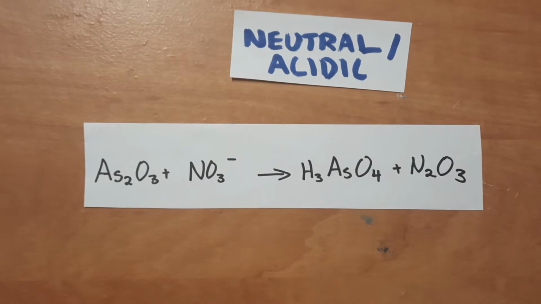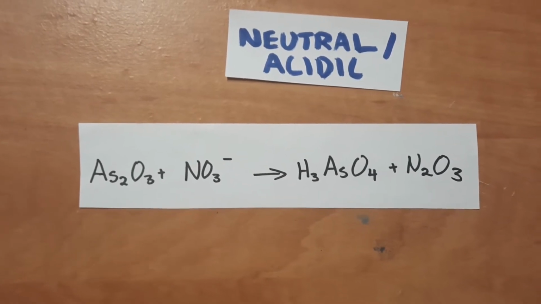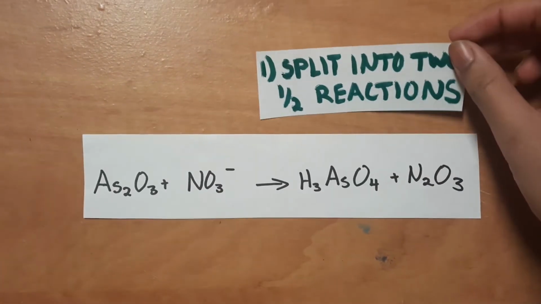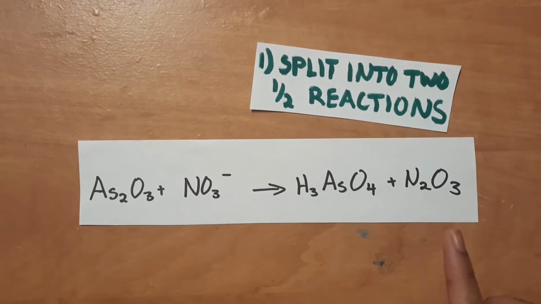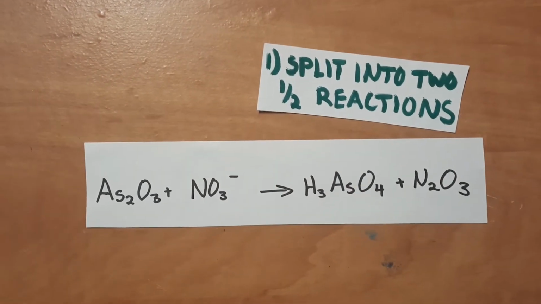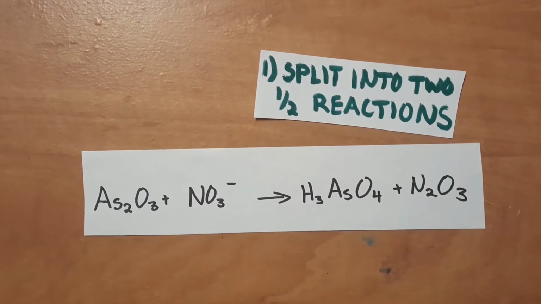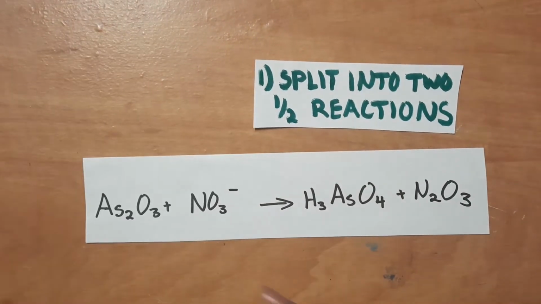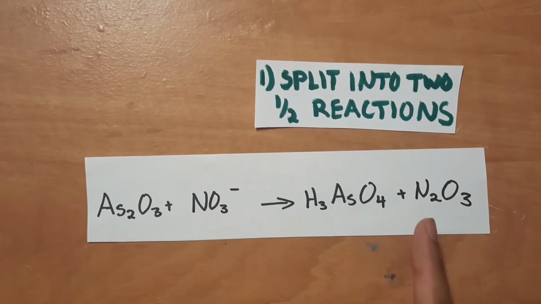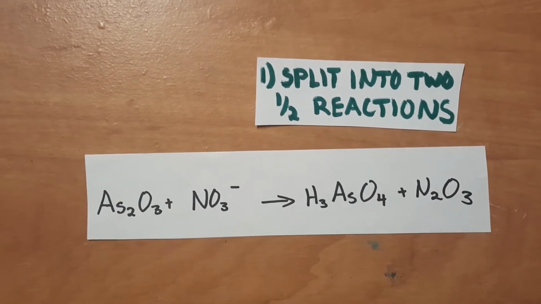And so step 1 when it comes to balancing with ion-electron method is to split the full redox reaction into 2 half reactions, because we know that a redox reaction really is just that, 2 half reactions. So when it comes to oxidation method, we know to split it between the reduction reaction and the oxidation.